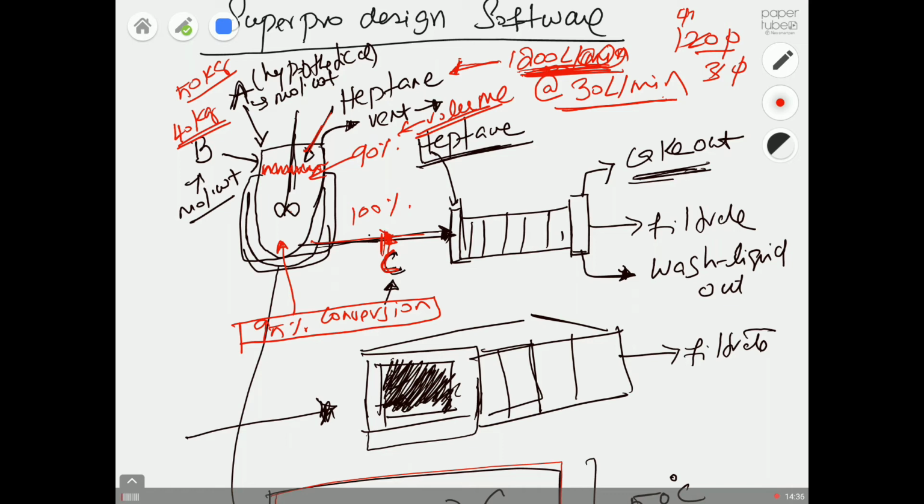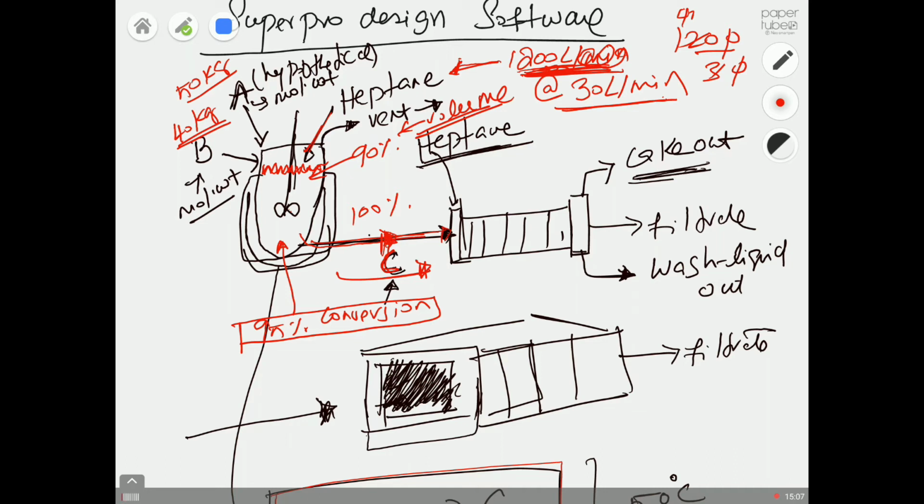No matter what the stream contains, it may contain some new product C plus your solvent, we are going to remove everything inside the reactor, 100%, and then pass it into the plate and frame filter. That's one of the many conditions that we are going to consider while designing using the SuperPro Designer software.